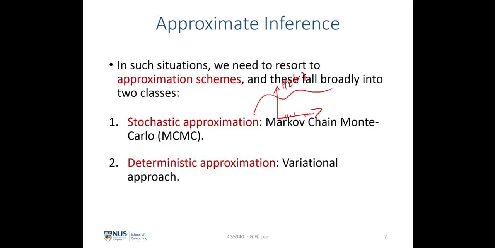We saw that we can make use of Metropolis-Hastings, Gibbs sampling, as well as importance and rejection sampling to do this task. So this is an approximate inference algorithm because we are drawing samples to represent the closed-form analytical solution which we cannot express.